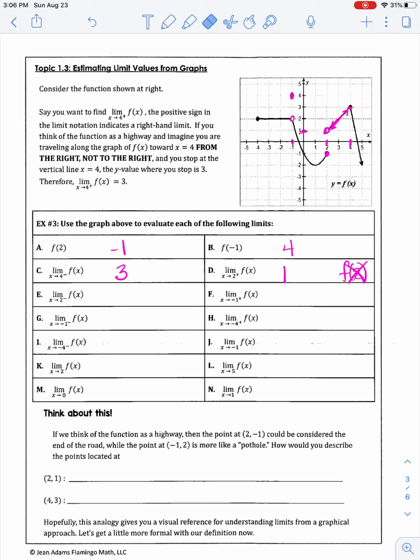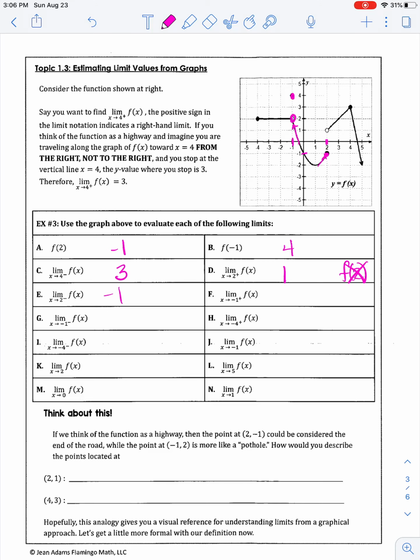Okay, let's see, I'm going to erase that. Okay, so now I'm headed to 2 from the left. So 2 from the left is going to be right there at -1. All right, -1 from the right. And again, I could care less about that dot up there.